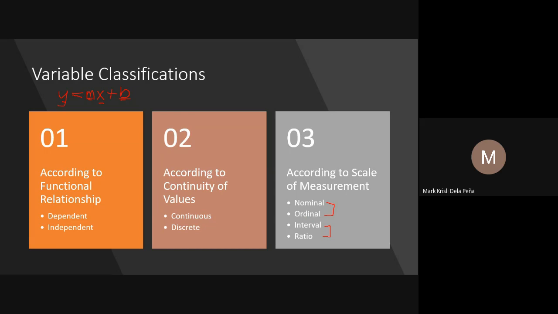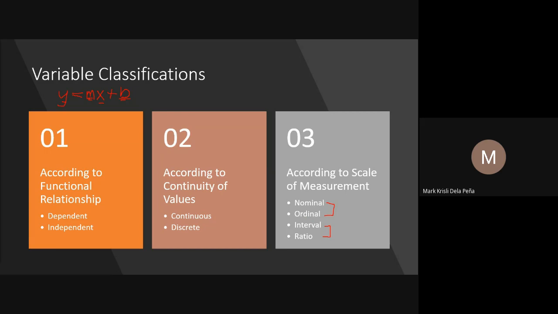It talks about orders or ranks. Then we have interval. If I say rate yourself from 0 to 9, we also have ratio.